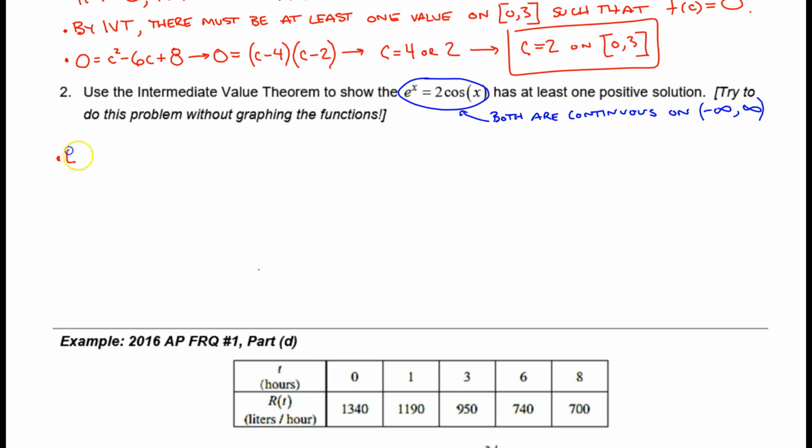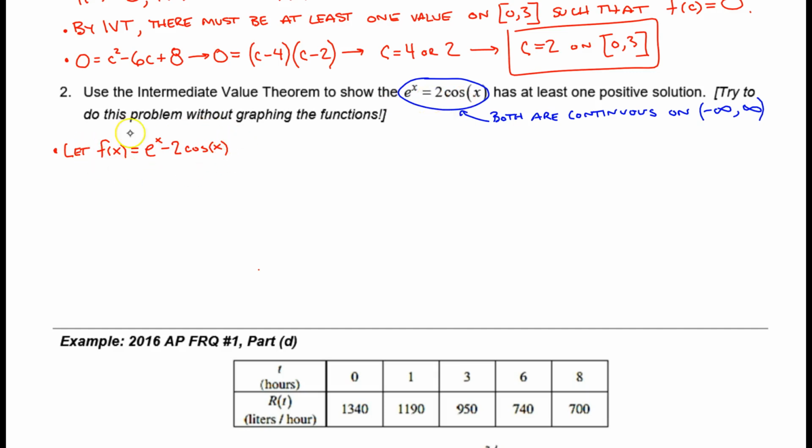I'm now going to define a function. I'm going to let f of x equal e to the x minus 2 cosine of x. Basically, I'm taking the equation that I was given and creating a function. If the output of this function equals 0, that means e to the x and 2 cosine x are equal.